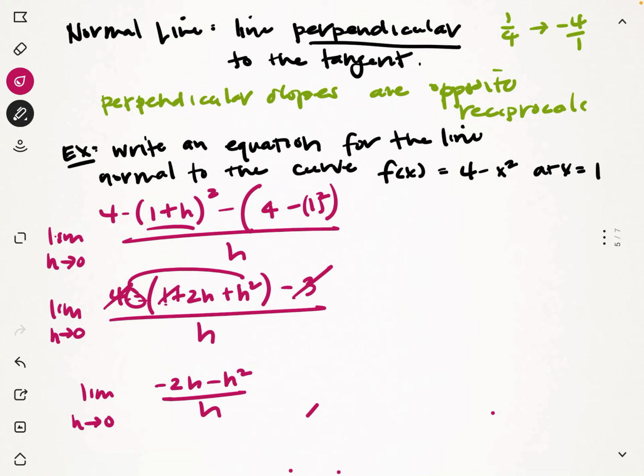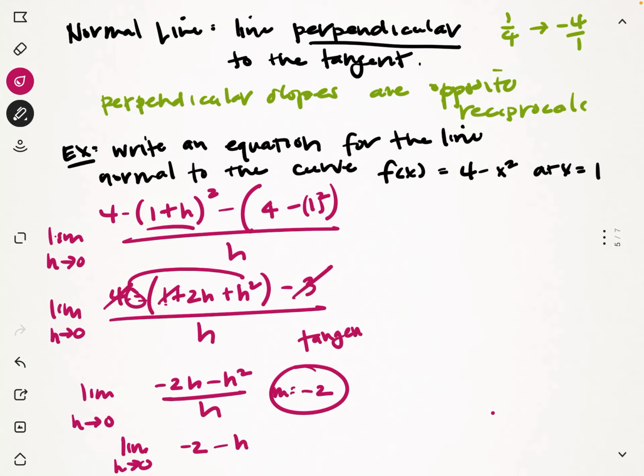Okay. Now we're allowed to cancel h's. So 2h divided by h is 2. h squared divided by h is h. Now we can plug in the limit as h approaches 0 into our h. That's going to be negative 2 minus 0, which is negative 2. So our slope is negative 2. Now, this is the tangent line slope.